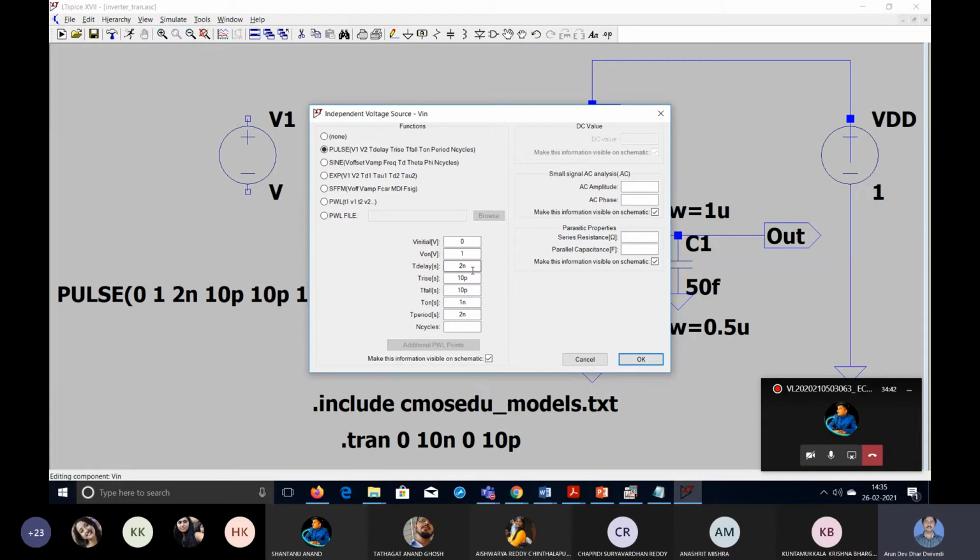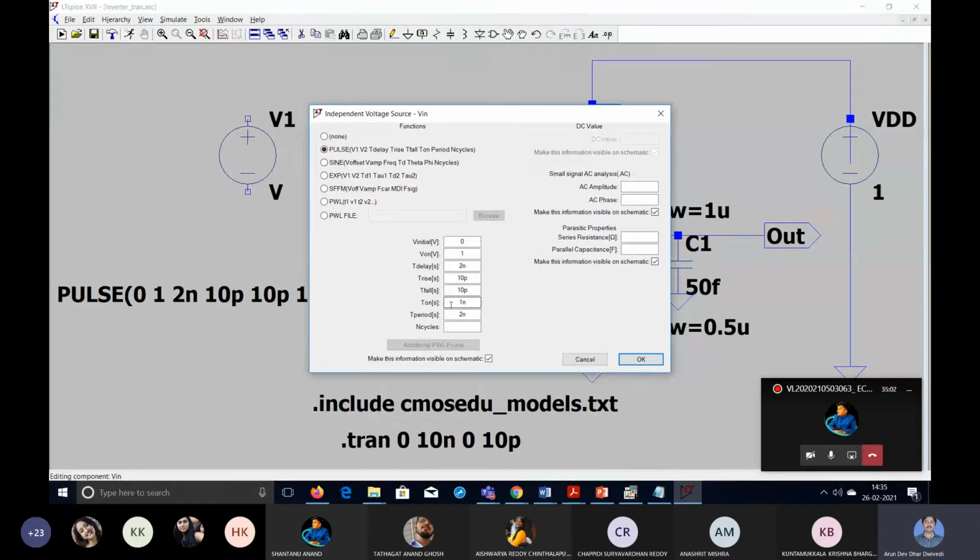The delay is given as 2 nanoseconds, an initial delay, and the rise time is 10 picoseconds. A very small rise time is given, which means from low to high it will rise in 10 picoseconds, and the fall time is also 10 picoseconds, so from high to low it also comes within 10 picoseconds. And there is also some on time.